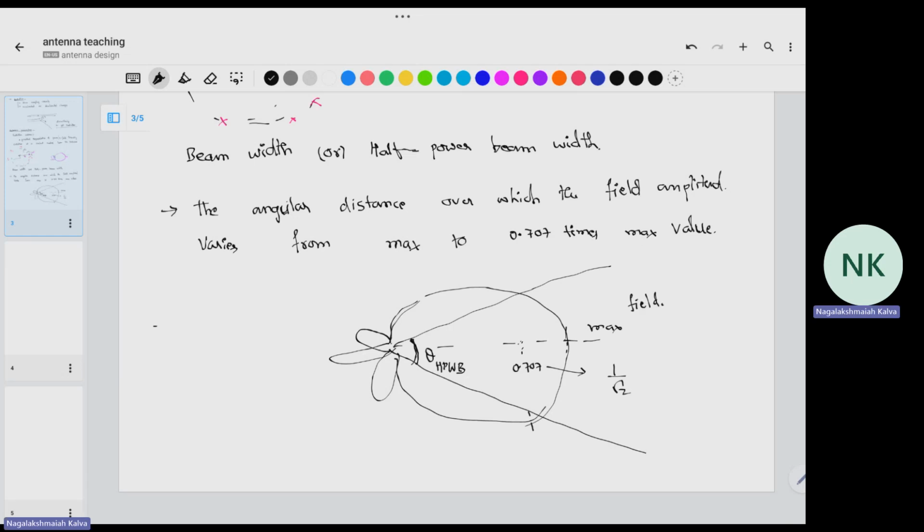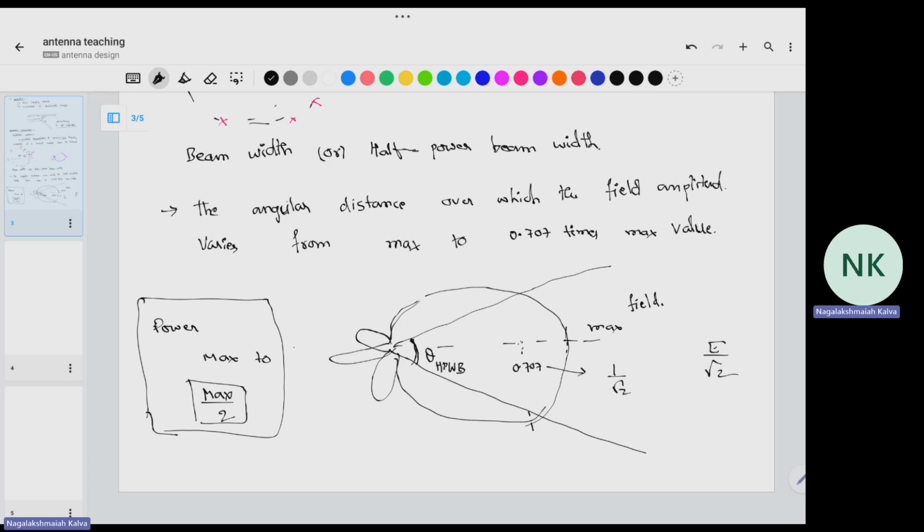If it is a power, then max to max divided by 2. This is related to power. The same thing, if I make field E, the value is E by root 2.